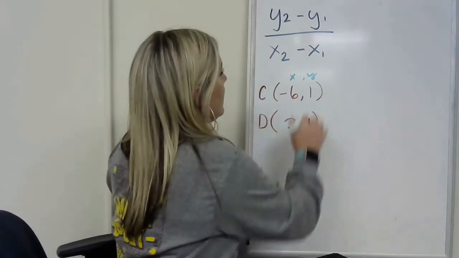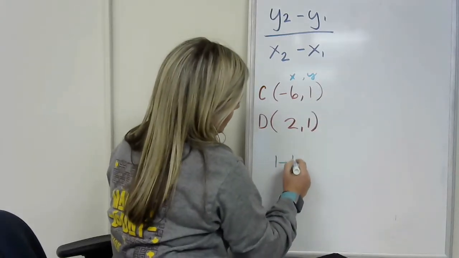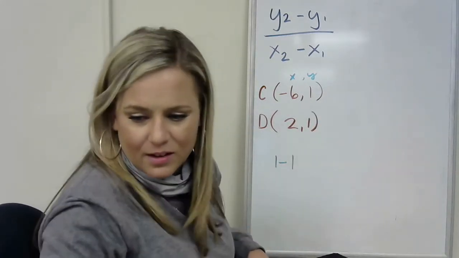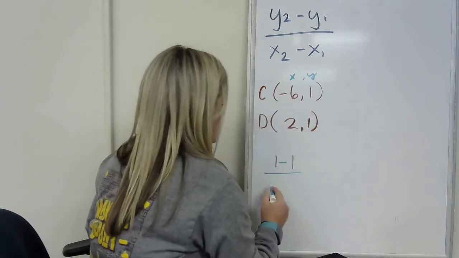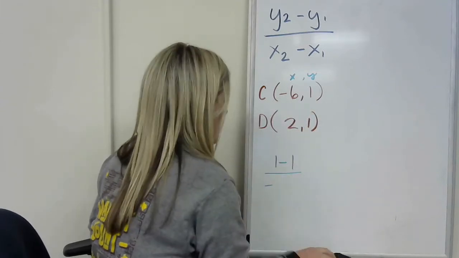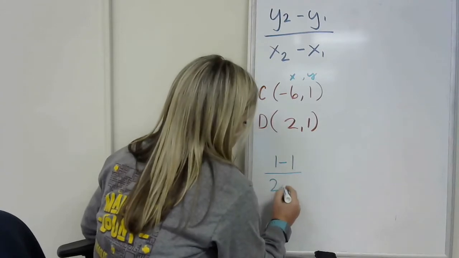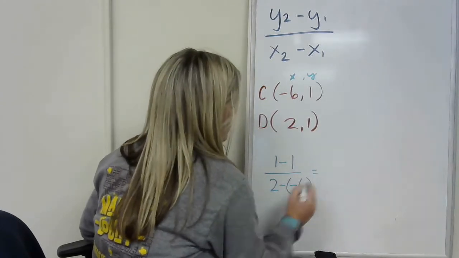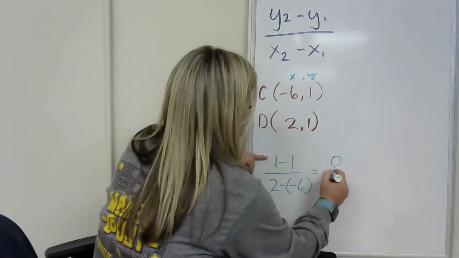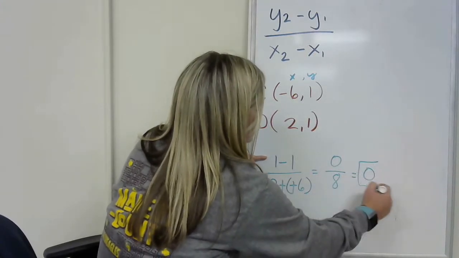All right, so it's y2 minus y1, so it's going to be 1 minus 1. Did I write that down right? Over 2 minus -6. All right, so when I do this, it's going to be 0 over 8, which is going to be a 0 slope.